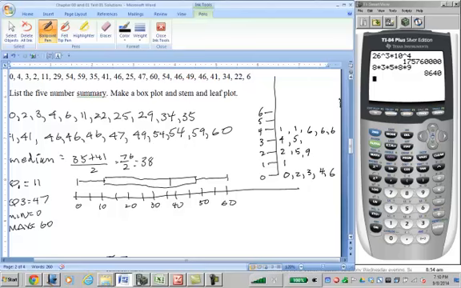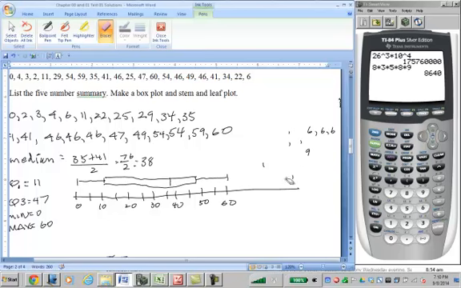0, 4, oops. Not reading the right set of numbers here.